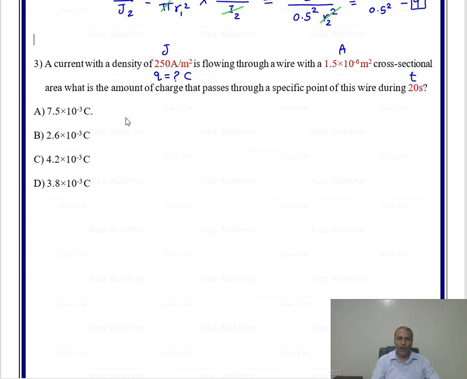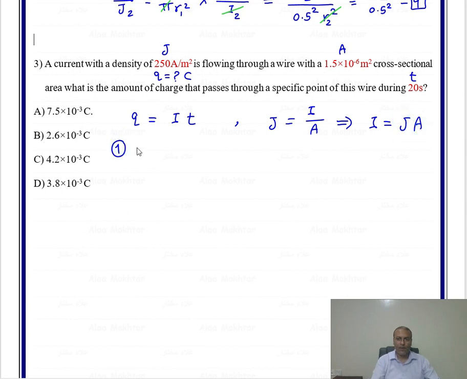All of us know Q equals I multiply T, but we don't have I. And J equals I over A, so that we can write I equals J multiply area.